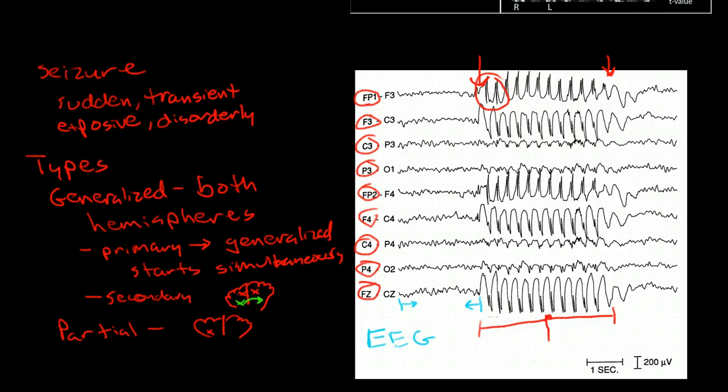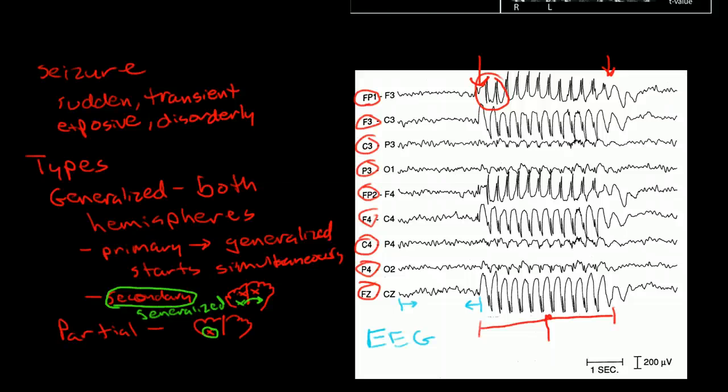That is called a secondary generalized seizure. Okay, so partial stays on one side of the brain. Generalized can either start on both sides or end up on both sides.